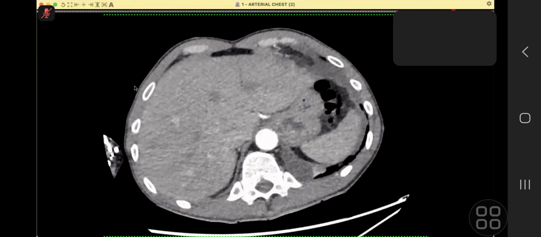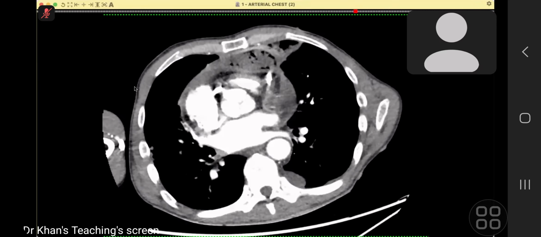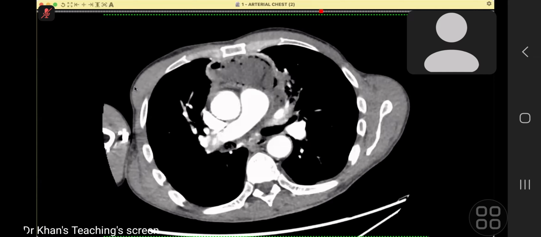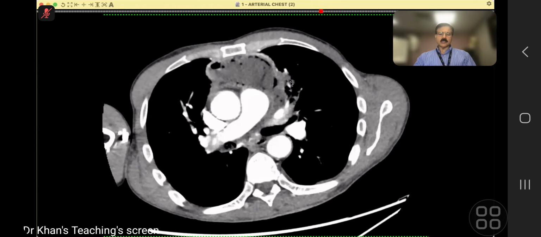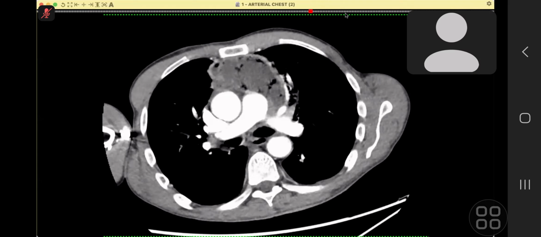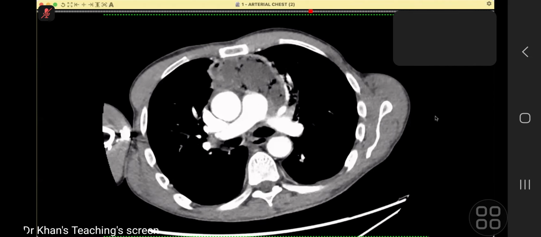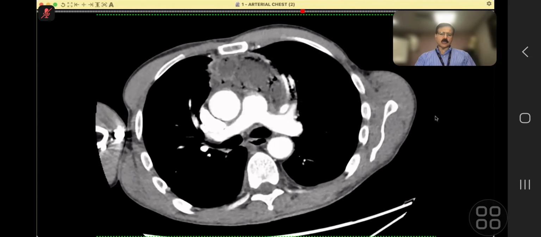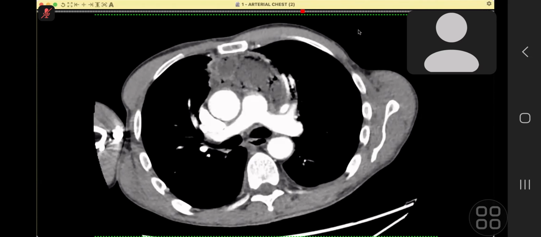So I have given you a CT. Over to you. I'm not able to scroll the images. Ask for the mouse once again. I've already asked for it. Do you see that bar on the top? Yeah, I've gone through that only, and I've already taken the remote.